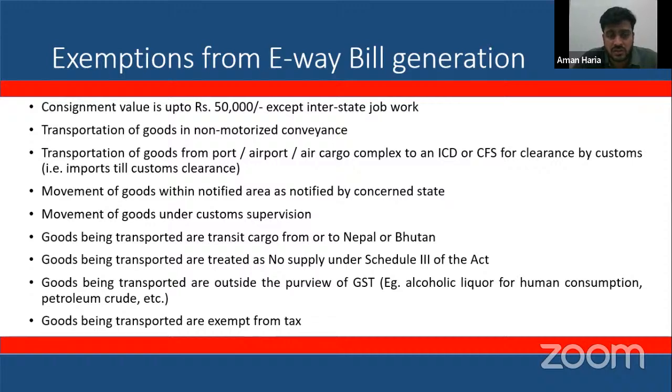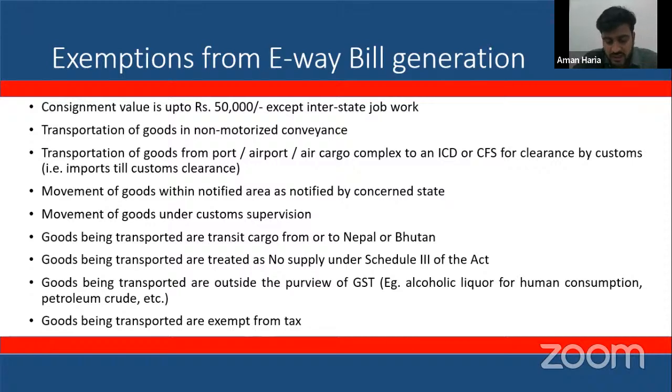Movement of goods within the notified areas, within customs supervision. Then, when goods are about to go to Nepal or Bhutan and transit cargo movement happens in India, EWB is not required.